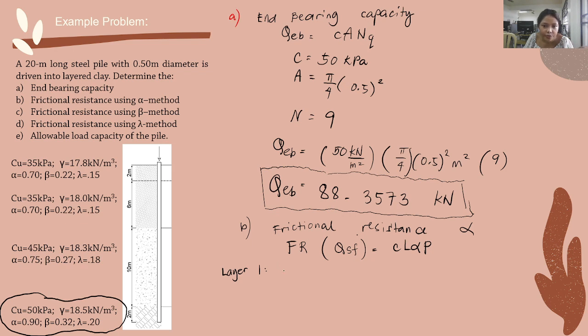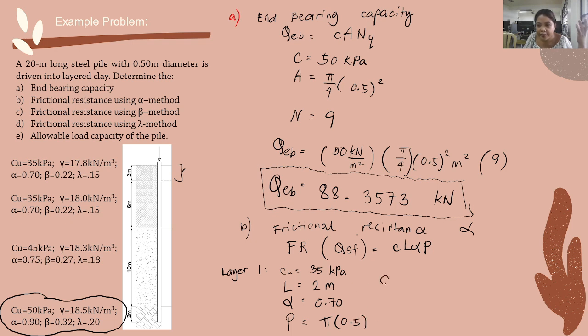We have Cu, or C, equal to 35 kilopascal. The length is 2 meters. Alpha given here is 0.70. The P, or the perimeter of your pile, is still based on the 0.5 diameter. To get the circumference, you multiply pi by the diameter, pi by 0.5.